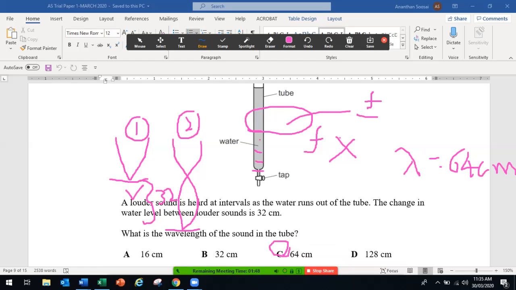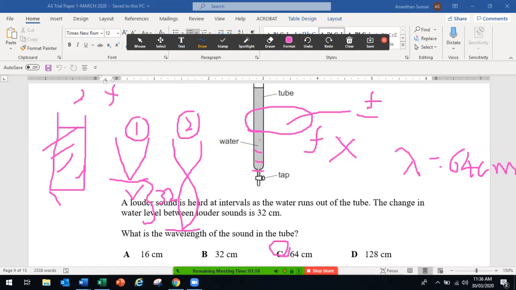This experiment can be repeated in another way also. They put the same tube again. In this case, the water level is fixed, but they change the frequency by using a different tuning fork. The level is the same, then the frequency is changed. The resonance is fixed, so it will normally always be the fundamental.